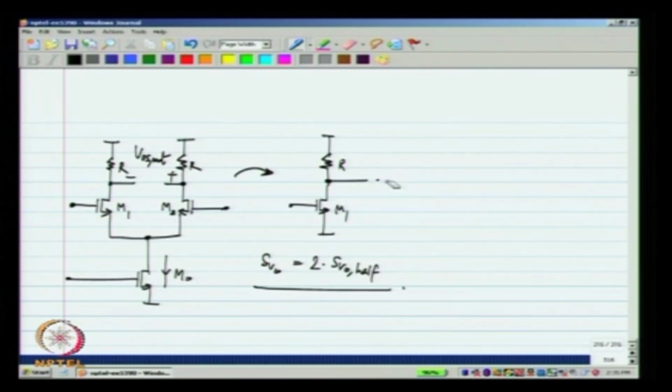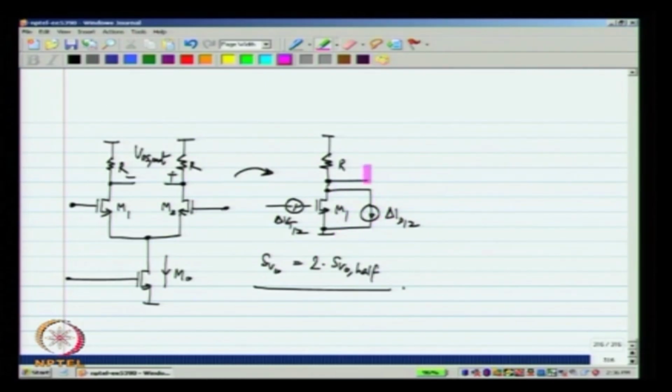Now, can we calculate that from the single ended equivalent circuit? It turns out that we can. First of all, we simply insert the mismatch between transistors 1 and 2, that is the transistors corresponding to this single transistor, in series with the gate of M1. Now, if we have some current mismatch, that can be inserted here.